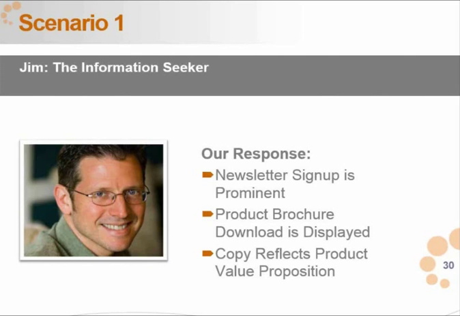Similarly, rather than our typical copy describing our company on the home page, we're reflecting our value proposition, or maybe that's our default, since we don't have a whole lot of information on Jim and he is seeking information. So maybe our default is our product value proposition, that we're going to save you an extensive amount of budget and bandwidth on your pens.